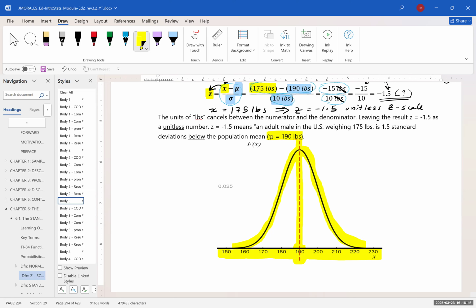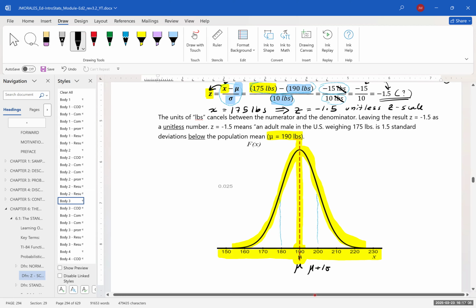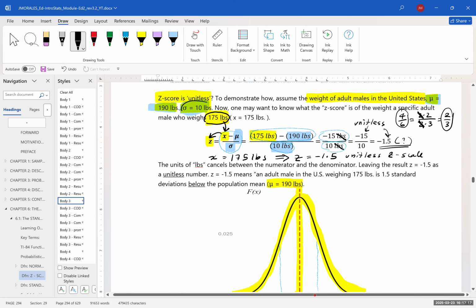And the width of this normal distribution is dictated by the standard deviation. So here, our population mean is 190. And if we take the mean and we add one standard deviation to it, that's going to be 190 plus 1 times, what was our standard deviation? 10.